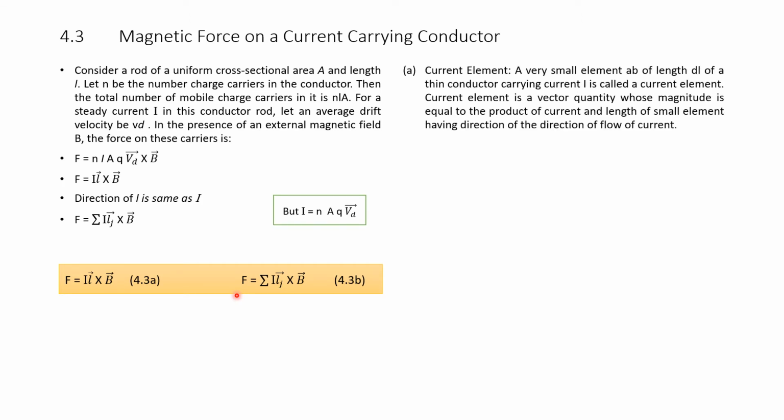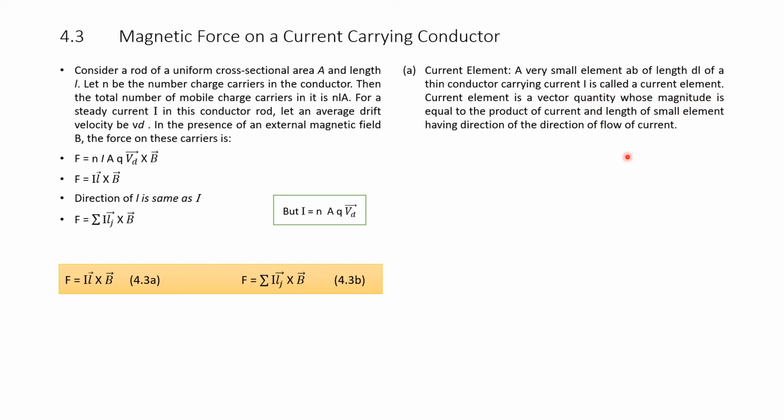Current element. As we know, a current element produces magnetic and electric field. A very small element AB of length dl of a thin conductor carrying current I is called a current element.